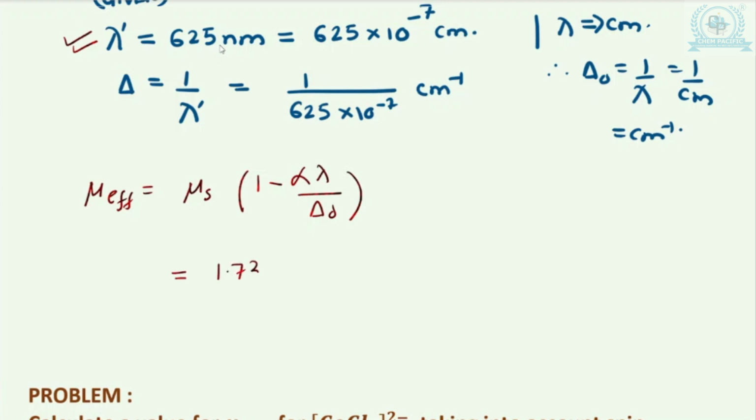This is 1.732 into 1 minus alpha into lambda. The value of alpha I have already decided, I inform you the alpha value is 2.